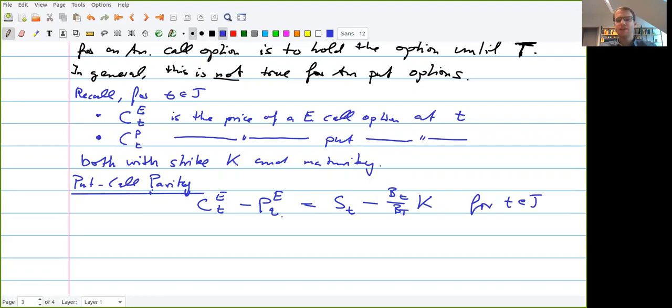And we have already seen a proof for it. We actually have seen that this is a model-free property, in the sense that in all models which fulfill the no-arbitrage principle, this equality has to hold true.